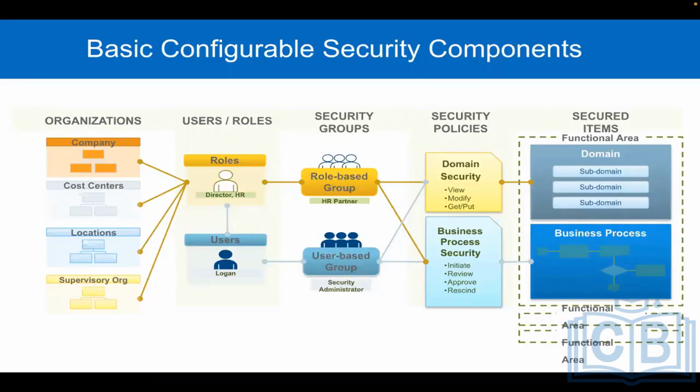And likewise, on the business process side, we have business process security policies, which give us the access to initiate, review, approve, rescind, and do other actions in the process, whether it's an action on the entire business process or an action step within a business process.